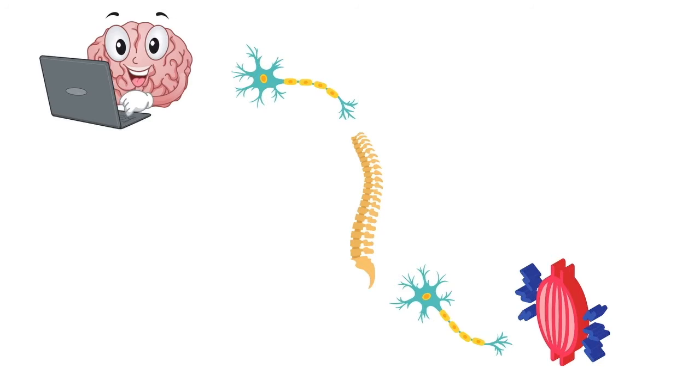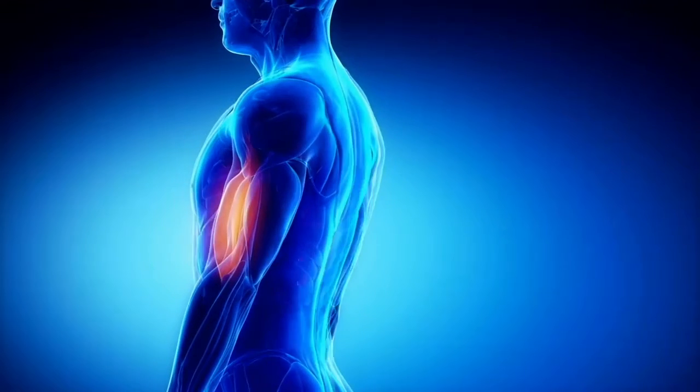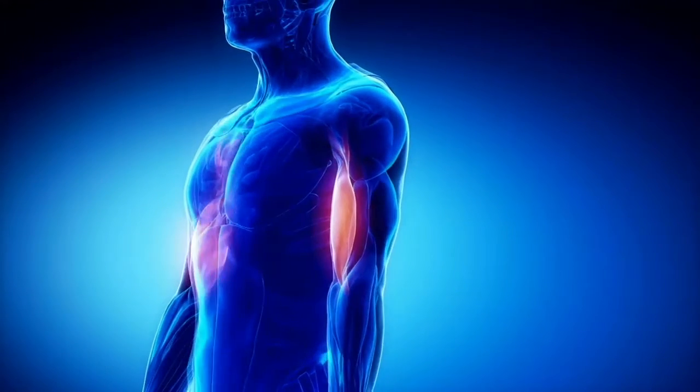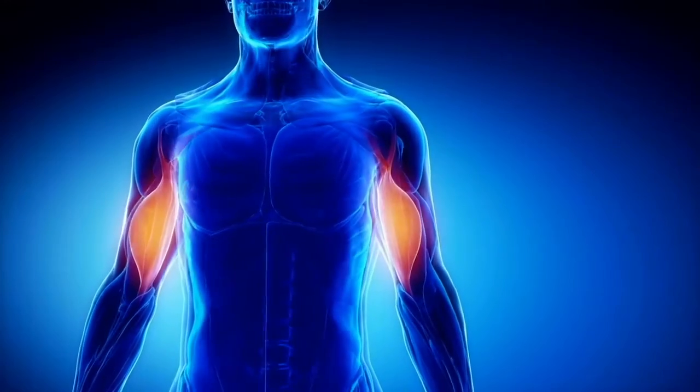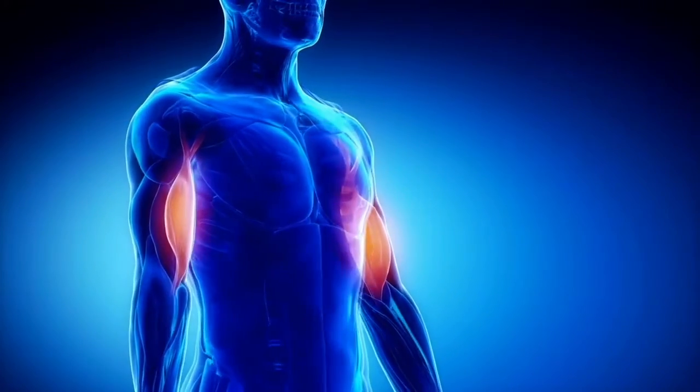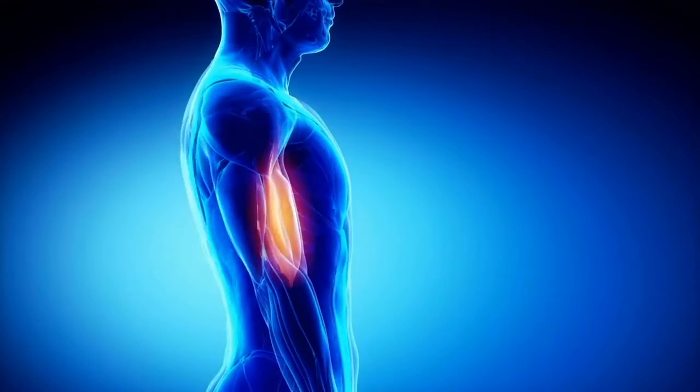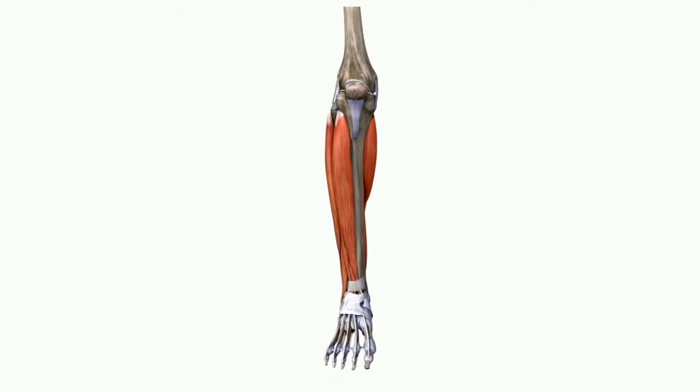Sensors in the muscles and joints send messages back through the peripheral nerves to tell the cerebellum and other parts of the brain where and how the arm or leg moves and its position. This feedback results in a smooth and coordinated movement.